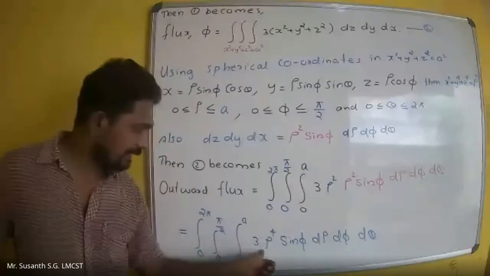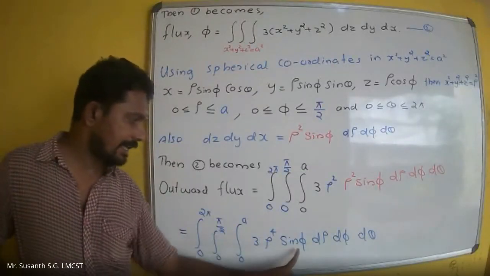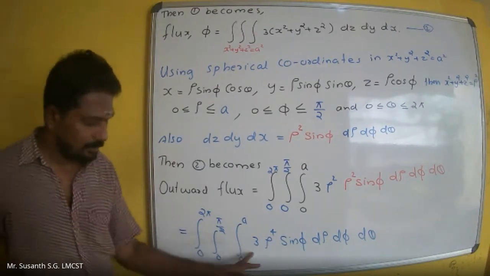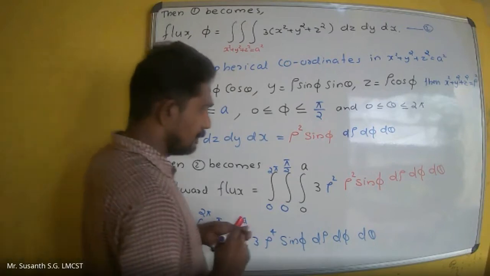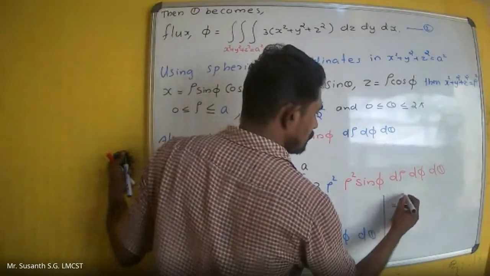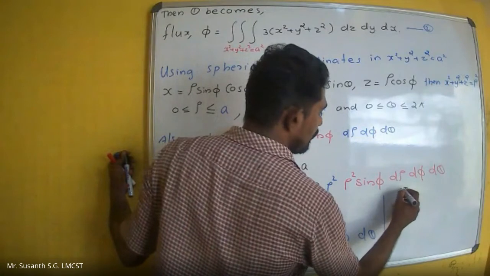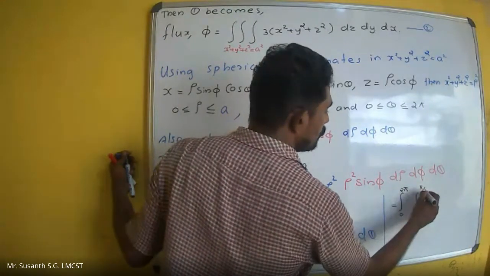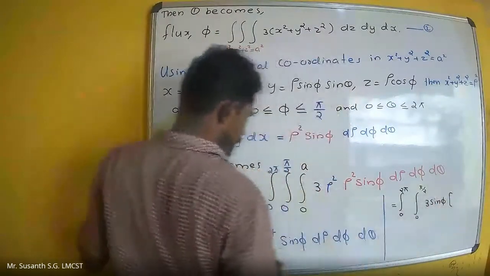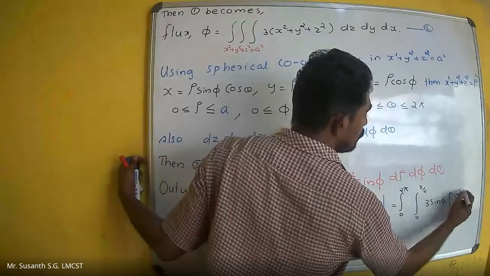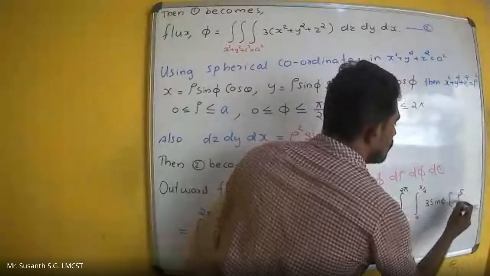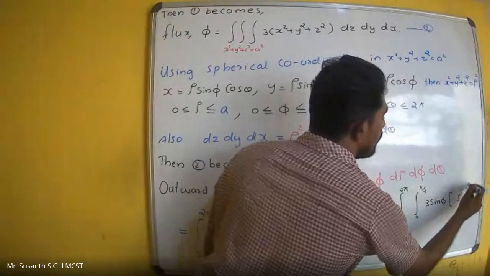Again, first we integrate with respect to rho. At that time 3 sin phi is constant. The integration of rho⁴ with respect to rho is rho⁵/5, between the limits 0 to a.